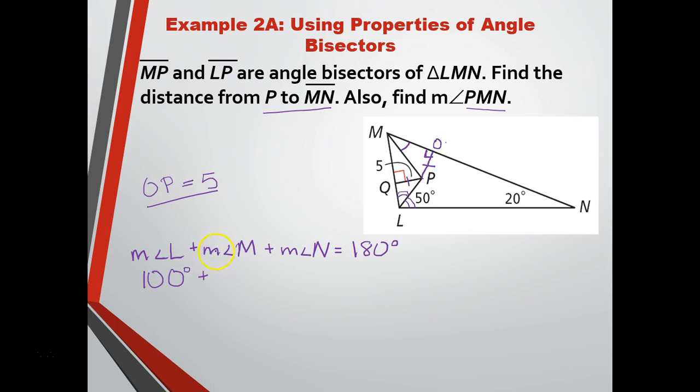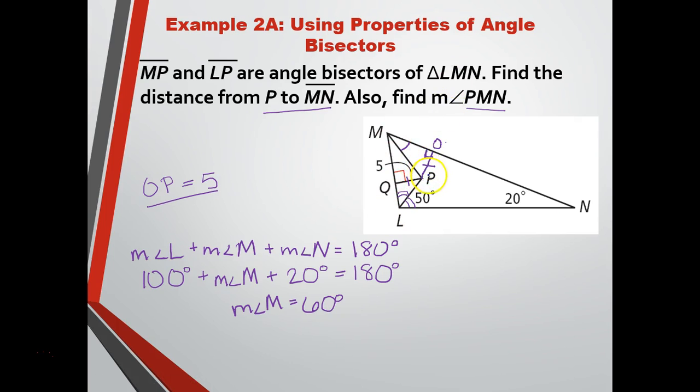And then the measure of angle M is what we're looking for, at least half of it. We know N is equal to 20. So let's plug in 20 degrees here. Now we have a little equation. We can solve for the measure of angle M, and that is equal to 60 degrees.